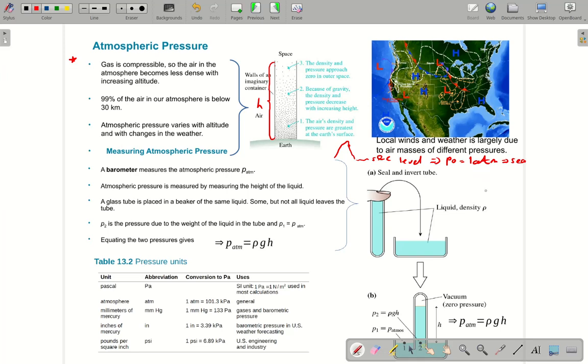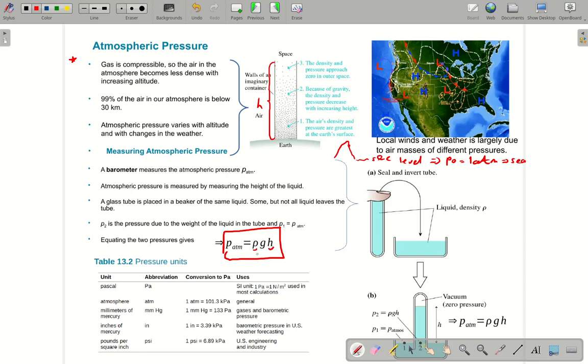Local winds and weather also affect the air pressure, and air pressure also affects local winds and weather. Always we have winds from high to low pressure and so on. Atmospheric pressure can also be calculated using rho g h. So if, for example, at some certain mountain or certain place I'm considering a column of air, I measure its density and I look at its height.